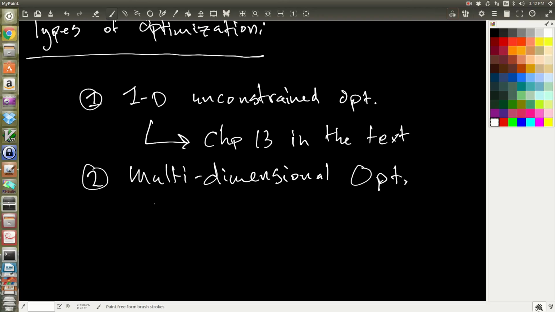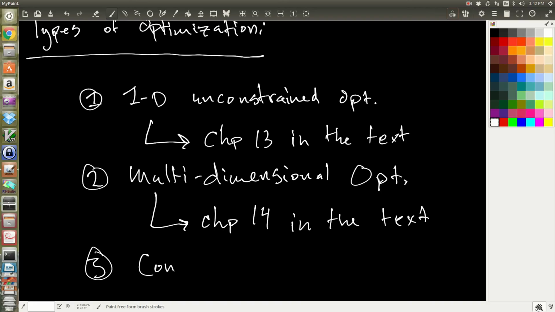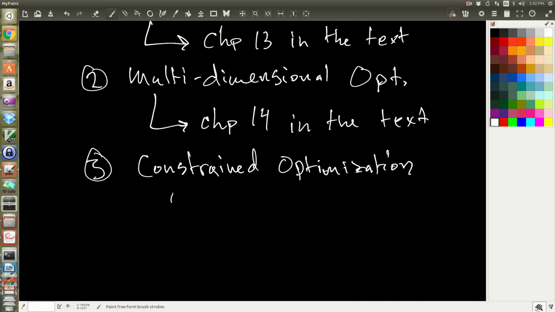So this is, I think, chapter 14 of the text. And then we're going to talk about constrained optimization. And that is in chapter 15 of the text. So chapter 15.